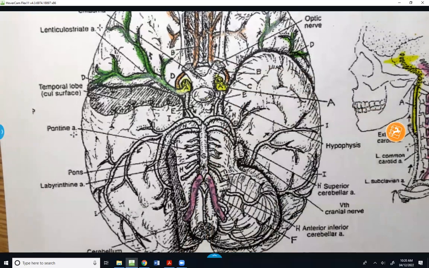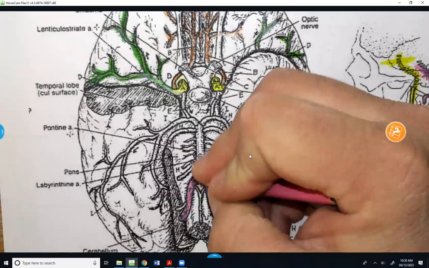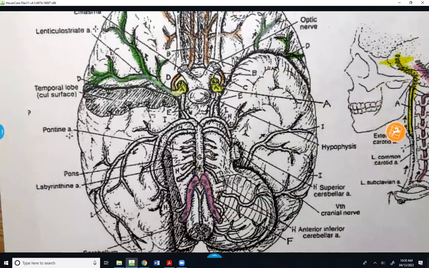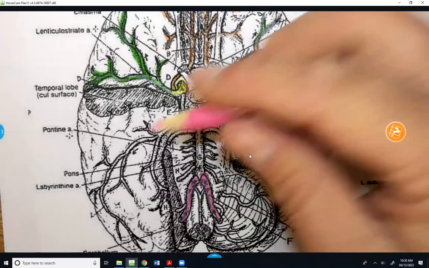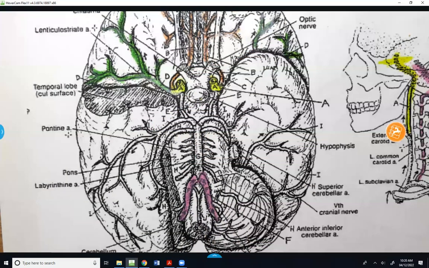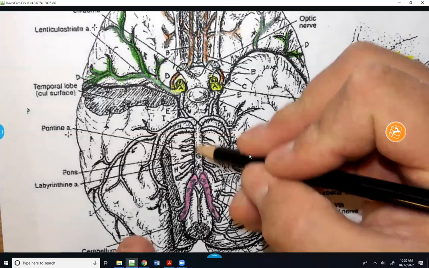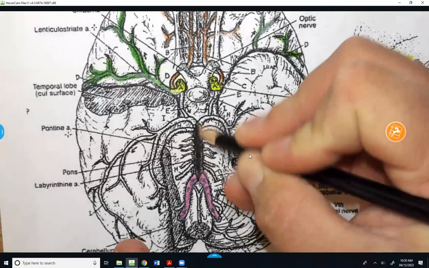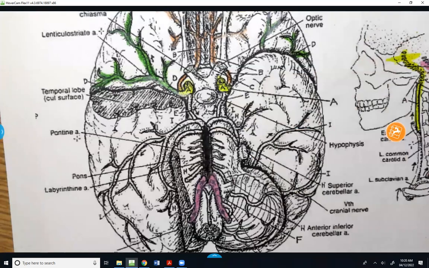They're basically running up right in front of the medulla. And here's kind of a unique situation. Typically, blood vessels are like a tree in that they branch away from one another. But in this case, these two arteries are coming together. So they're converging and they're meeting and forming a blood vessel that runs right in front of our pons. We call the basilar artery.